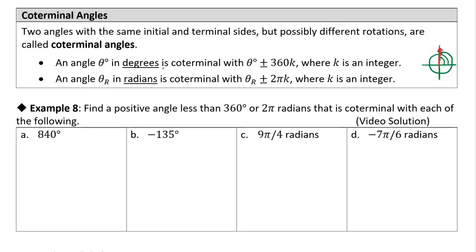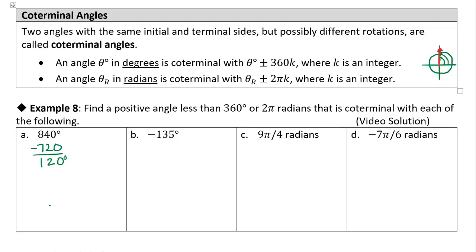That's definitely bigger than 360 degrees. That's once around the circle. Twice around the circle would be 720 degrees. So let's start by subtracting 720 degrees and see what we have left. It looks like we're going to get 120 degrees.